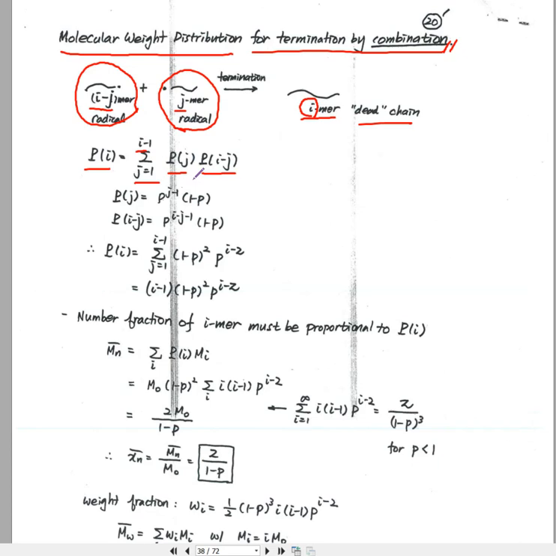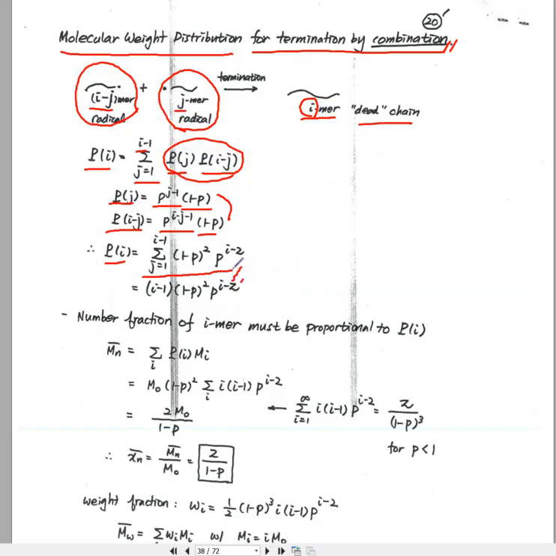Since in the previous slide we already calculated this P_j and P_(i-j), P_j is equal to p to the j minus 1 times 1 minus p, and P_(i-j) is equal to p to the i minus j minus 1 times 1 minus p. So if you just multiply these two values and do the summation over j, that summation is given here.